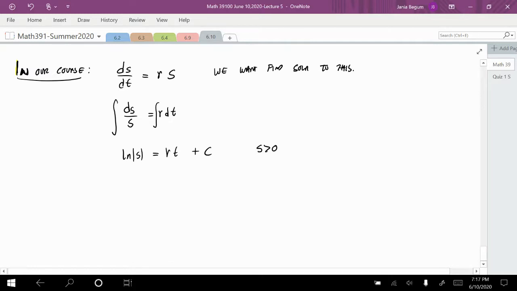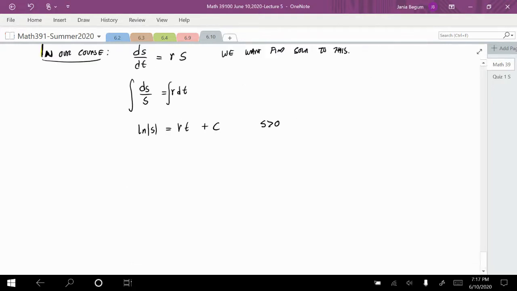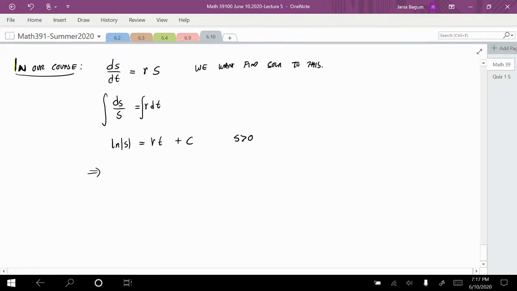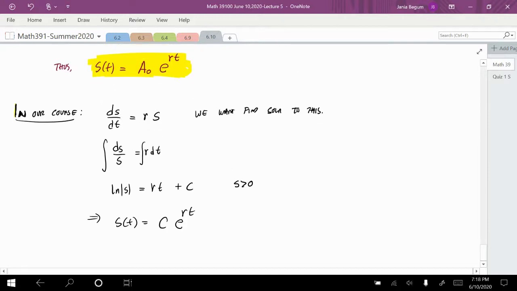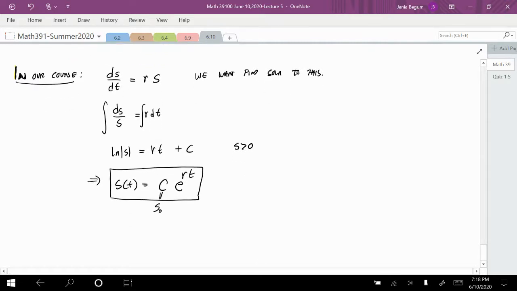So we exponentiate both sides, so we have s of t is equal to c times e to the rt. And that's exactly what we got here, right? Except, of course, we're using a naught and c, but they're just any constant. So that's the solution we were after. The solution to this differential equation is this exponential. And of course, if you want to modify, you can just put this to be s naught. So any questions up to here?